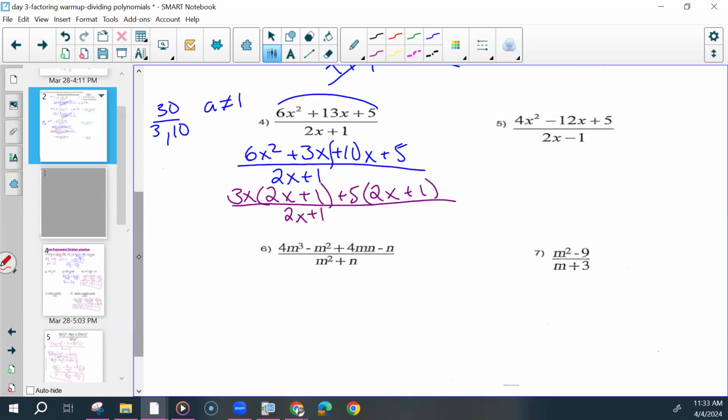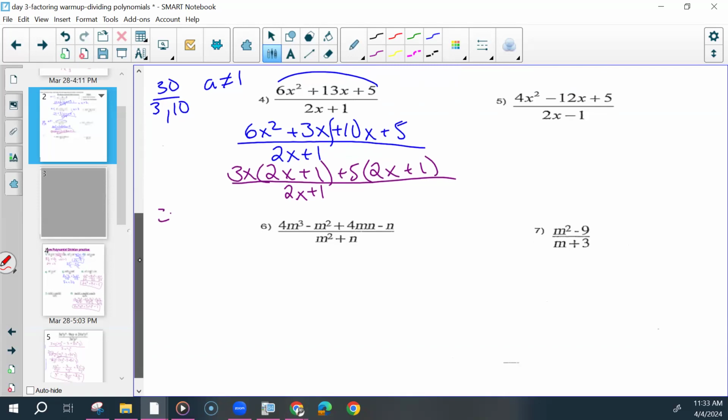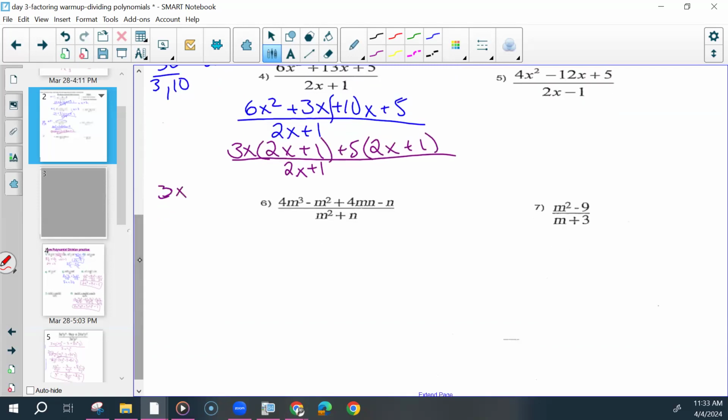I'm going to write this off to the side. So we have 3x plus 5 and 2x plus 1 all over 2x plus 1. And then when we cancel out our like factors, our answer is 3x plus 5.